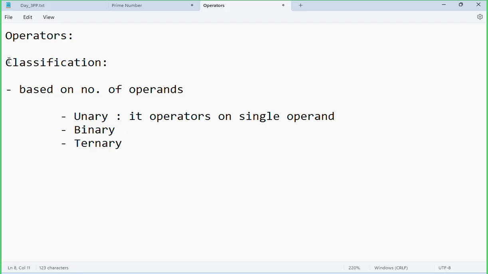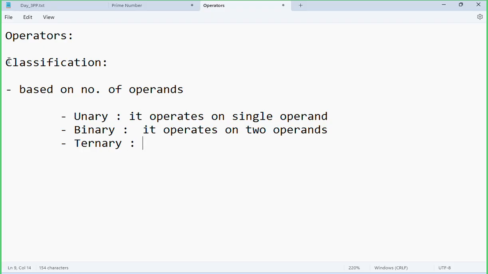A unary operator is an operator which works on only one operand. Binary means it operates on two operands, so a binary operator works on two operands.